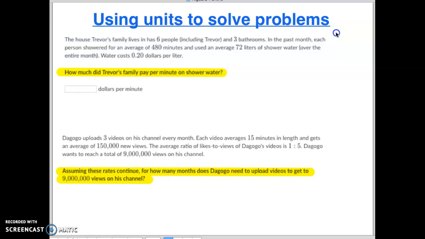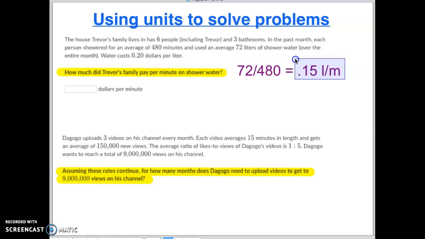So if you think about it, if each person used 72 liters of water per month and they showered for 480 minutes, then basically we just got to take that 72 liters divided by the 480 minutes to figure out that we were using 0.15 liters of water per minute.